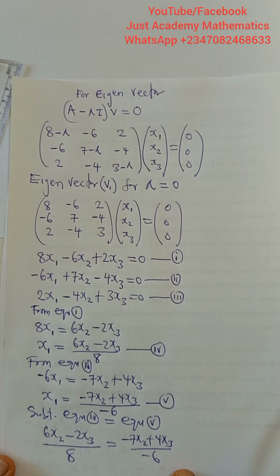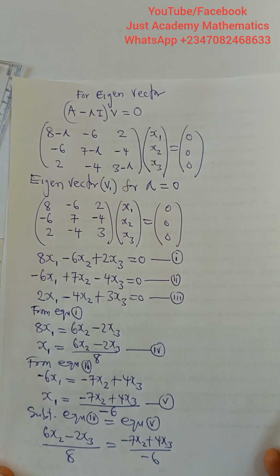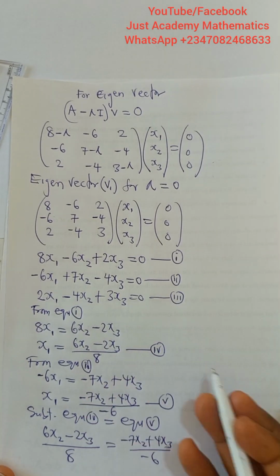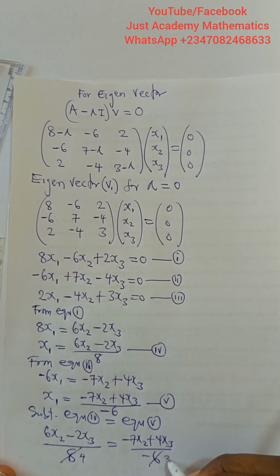So as it is now, we are going to find x2 in terms of x3. To reduce the values, we can cancel out here: 2 goes into 8 four times, 2 goes into 6 three times.